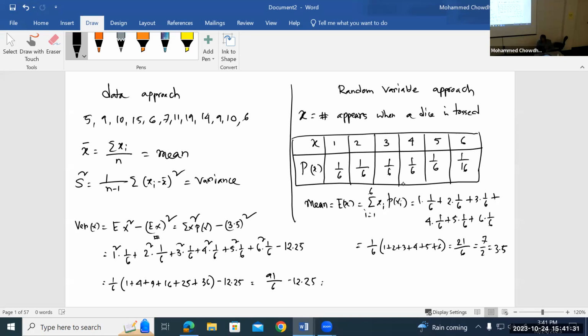Let me check how much we have there. 91 divided by 6 minus 12.25 equals 2.91. So what did we learn today?